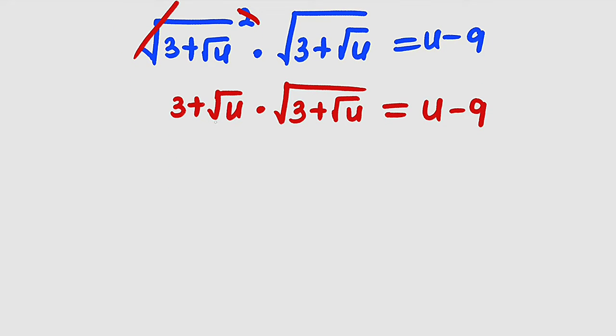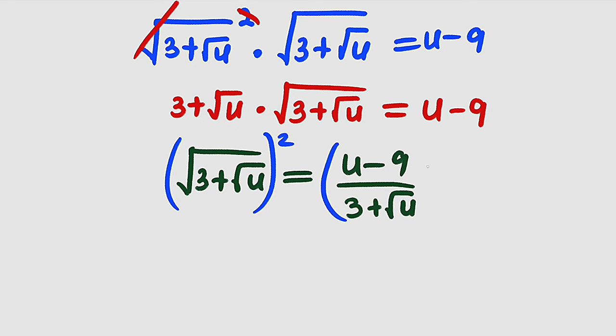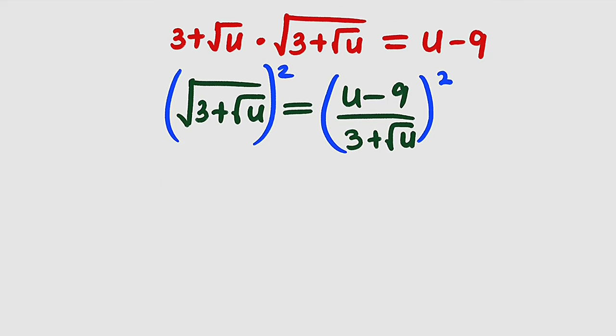Now I would like to divide both sides by 3 plus square root of u. If you do that, you're going to be left with the square root of 3 plus square root of u to the left, and this is equal to u minus 9 divided by 3 plus square root of u. Again, I would like to square both sides. Square this, square this.